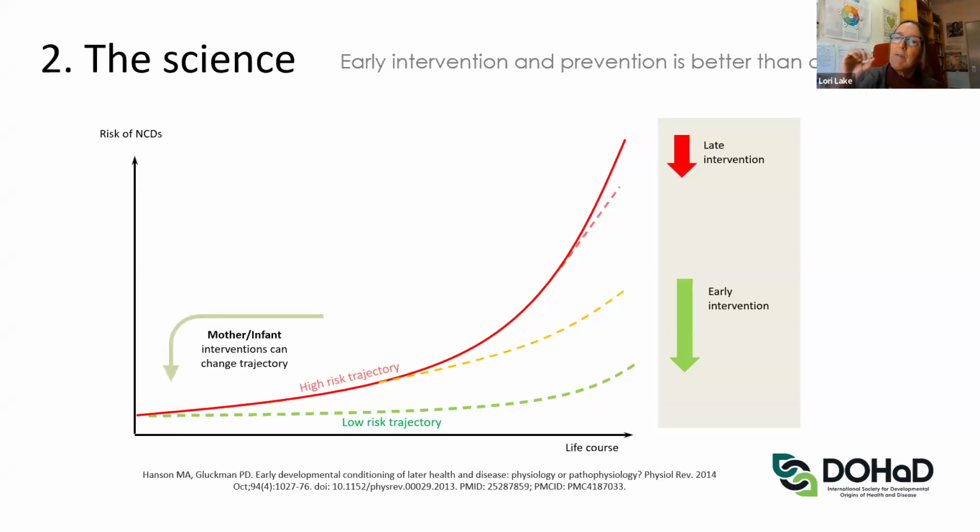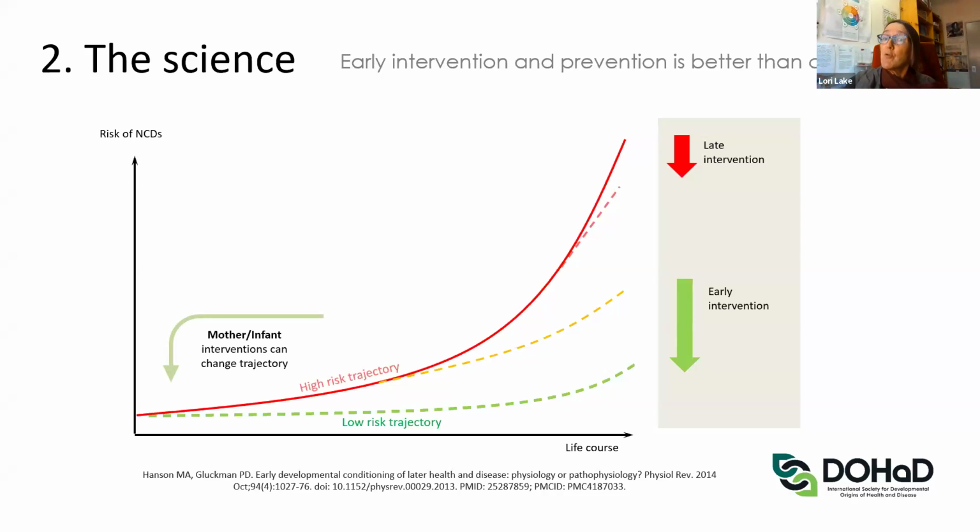But if we intervene early to limit those risks, particularly in that antenatal and postnatal period, that first 1,000 days that we're focusing on in particular in the child health community, that can change the trajectory. It improves not only outcomes and health today, but it improves health and outcomes across the life course.